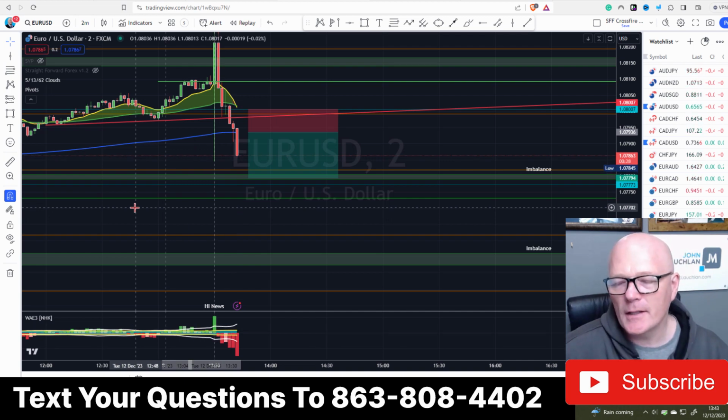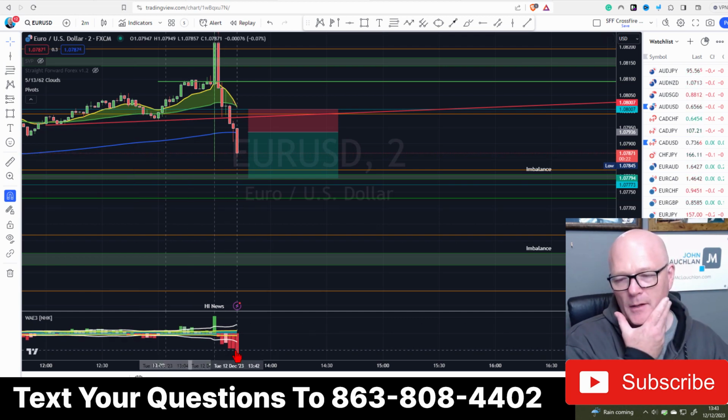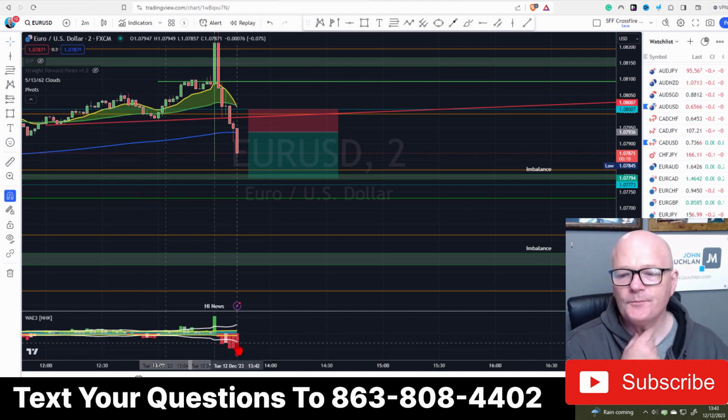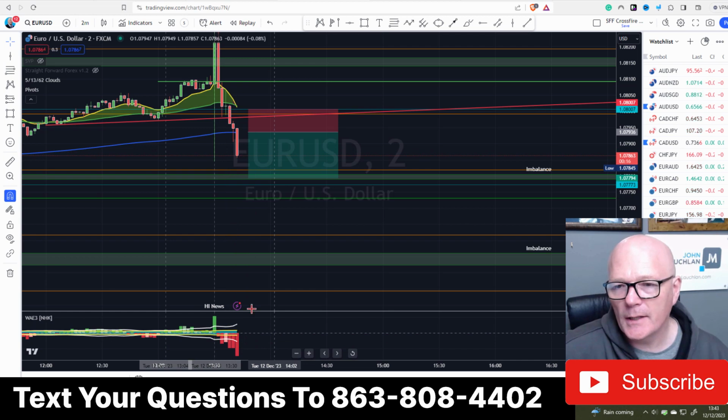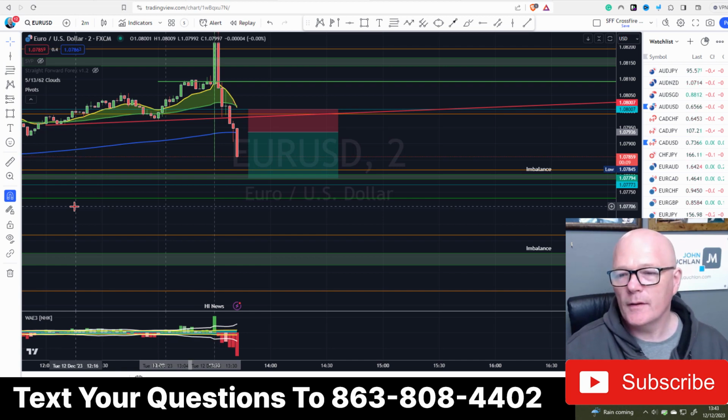Okay, and this kind of tells me that price may want to continue. The Waddah Attar was showing strength on the histogram. The explosion line is moving down. So everything's lining up to say, yeah, you're going for those sells.